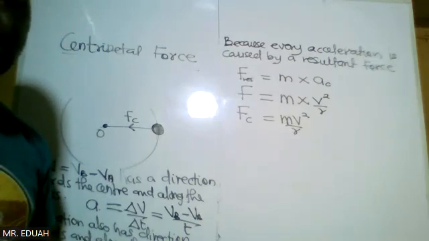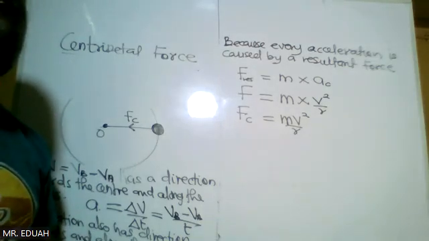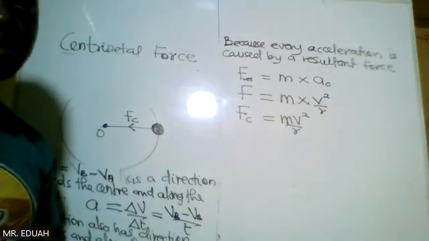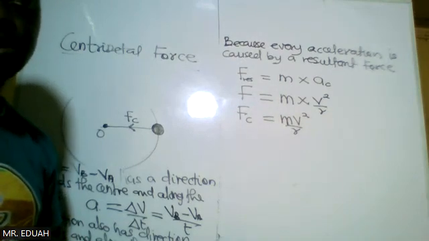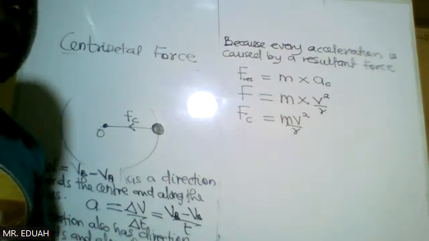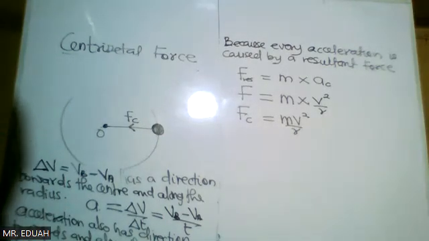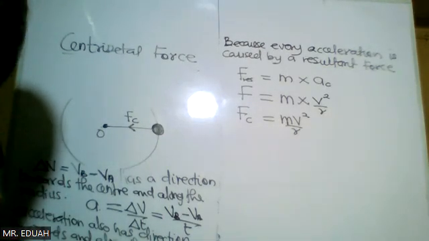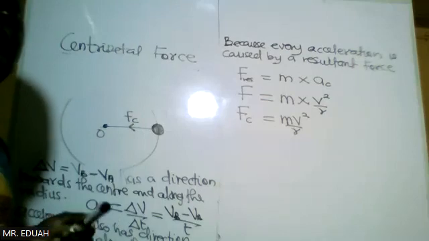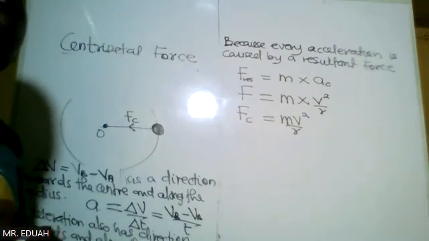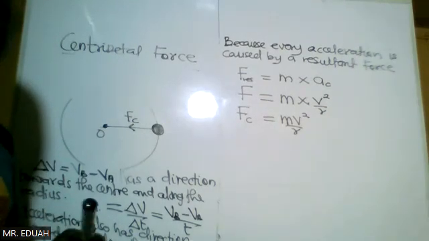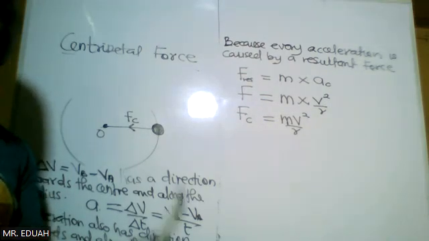It's a centripetal force which causes the circular motion. Circular motion is caused by centripetal acceleration, but because every acceleration is caused by a force, we call the force which keeps the body in the circular path the centripetal force.